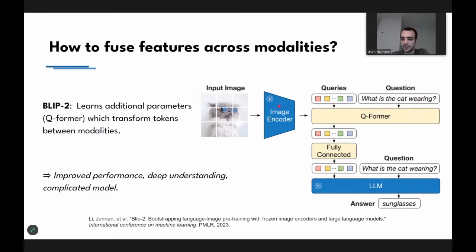But this is kind of what happens. So you have image features coming in from here. You have some initial visual queries, which, along with the text queries and text tokens, get processed to obtain new visual queries, which have the same format, the same shape as the queries which are accepted by an LLM. And typically, this kind of adapter architecture is what modifies the tokens from one modality to the tokens of another one.